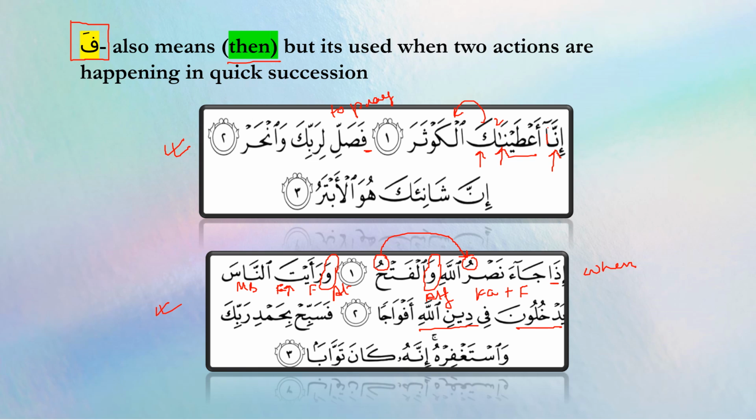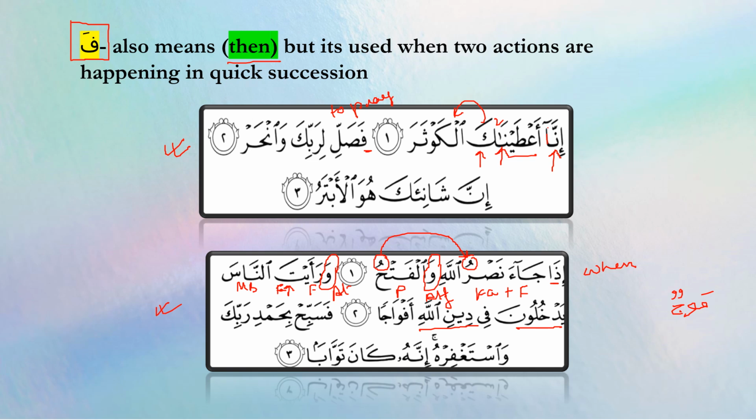Afwaj. Afwaj means groups and it is a plural word, and its singular is fauj. Fauj means group and the plural is afwaj. So you saw people entering into groups. Entering into the religion of Allah means accepting Islam.